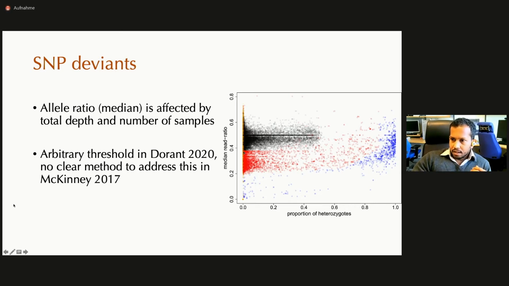As you can see here, they have put an arbitrary threshold to determine the duplicates. What you see in this black cloud are the singletons, and the red ones are duplicates. So they have used an arbitrary method, whereas in the McKinney paper, they haven't gone much into this variation.